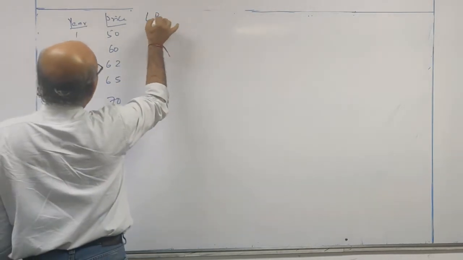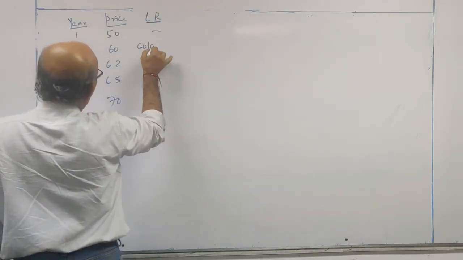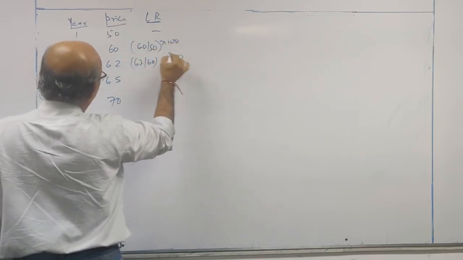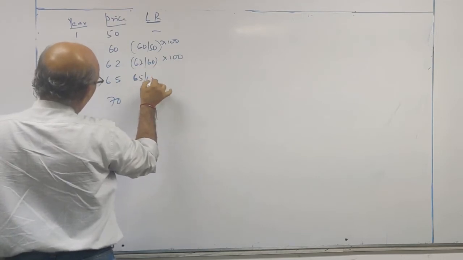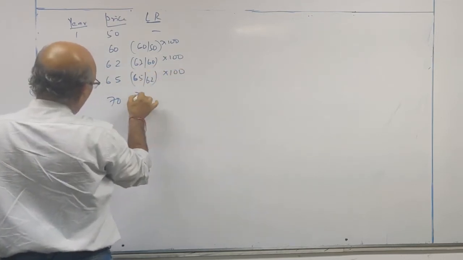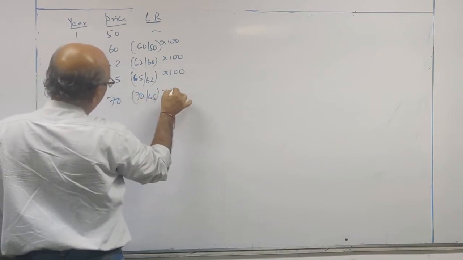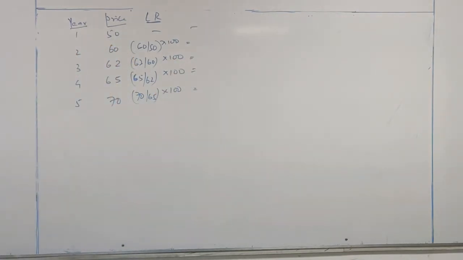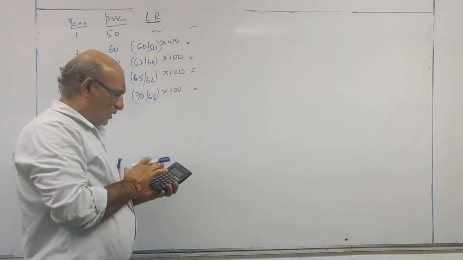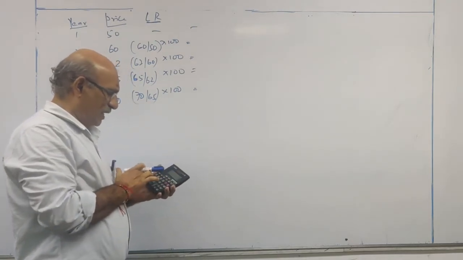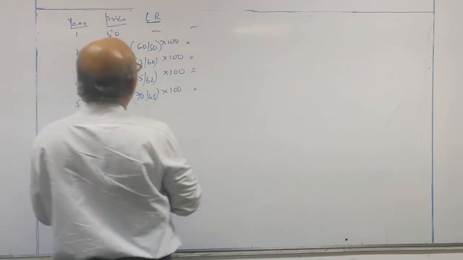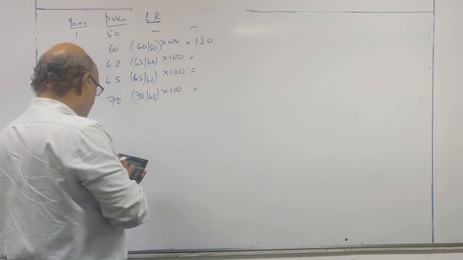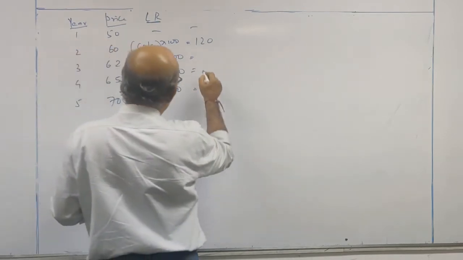First I need the link relatives: 60 by 50 into 100, 62 by 60 into 100, 65 divided by 62 into 100, 70 divided by 65 into 100. Let us see these values. 60 divided by 50 into 100 is 120. Next, 62 divided by 60 into 100 is 103.33.